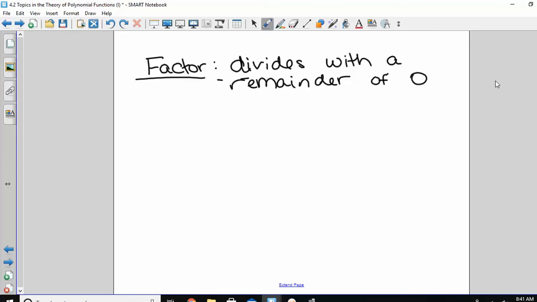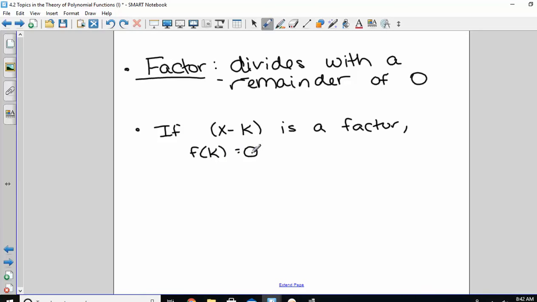It goes in evenly. Sometimes, if all we care about is the remainder, you actually don't even have to do the full division. If x minus, let's just say k, is a factor, that means f of k equals 0.